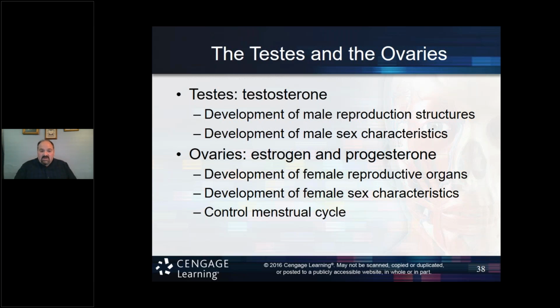In particular, I want you to think of testosterone as the masculinizing hormone, development of male sex characteristics. Estrogen, the feminizing hormone, development of female sex characteristics. Both of them, as well as progesterone, are involved in the maturation of the reproductive parts of the male and the female.